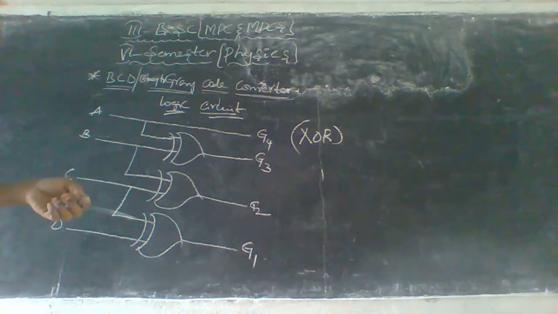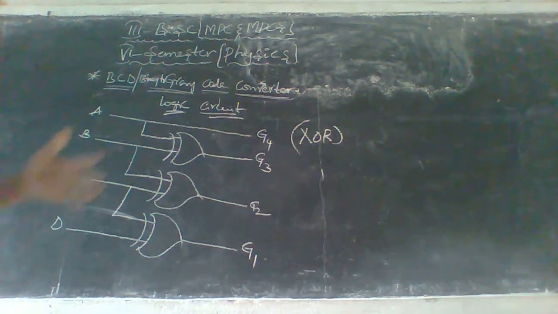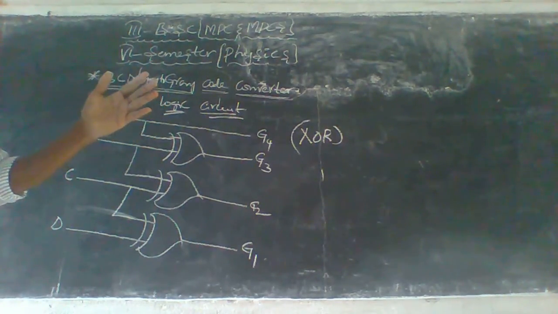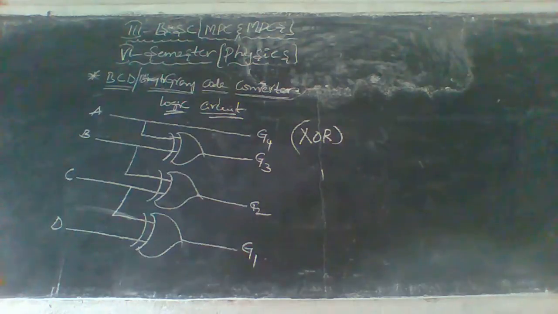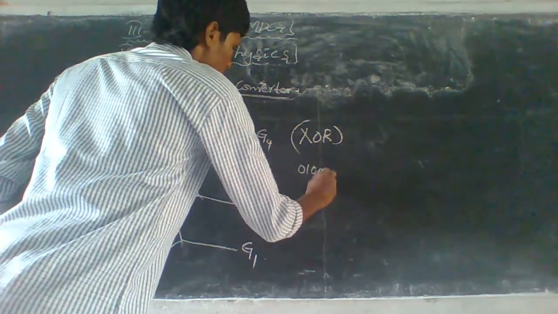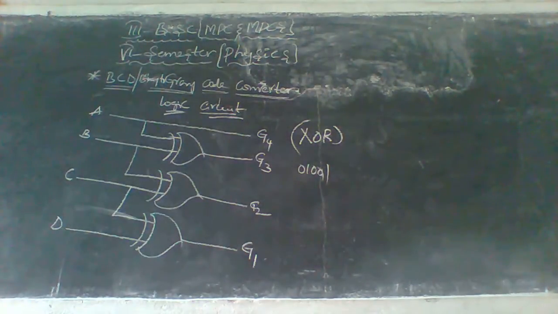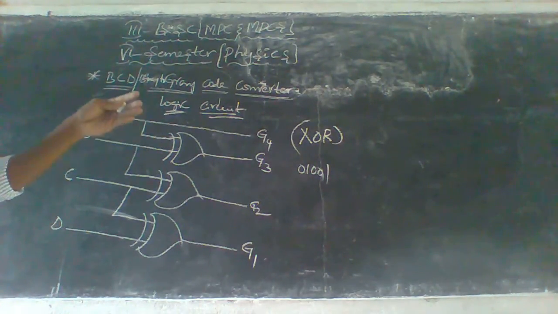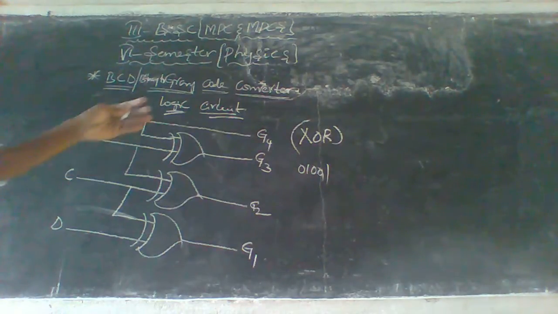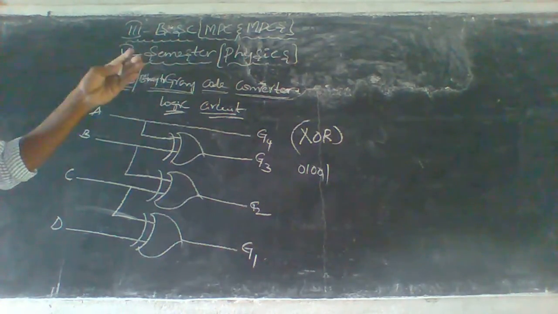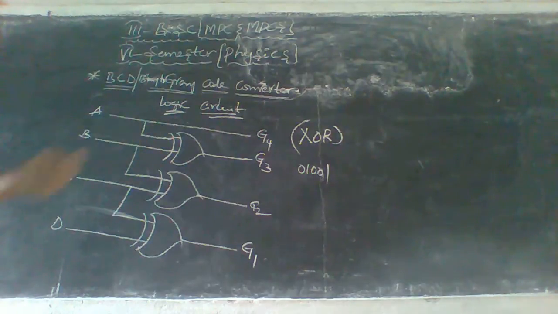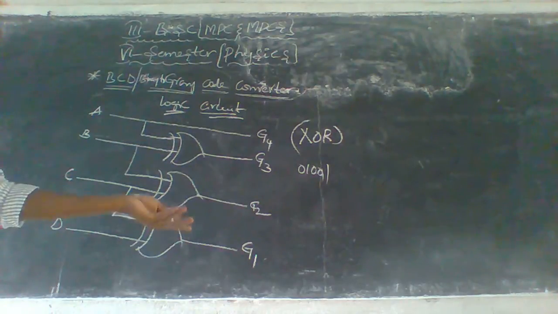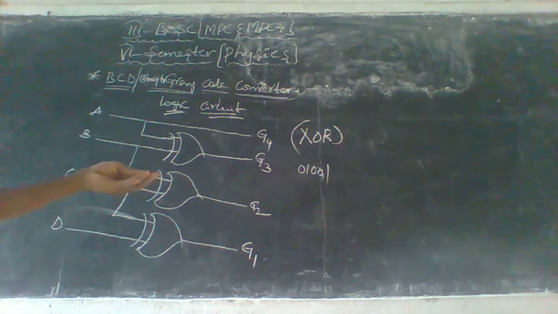Here an example is given. Say we have a binary number, for example 01001, which we wish to convert to gray code. Let's go through how to perform this conversion. The most significant bit is kept the same, so as the most significant bit of the binary is 0, the MSB of the gray code will be 0.